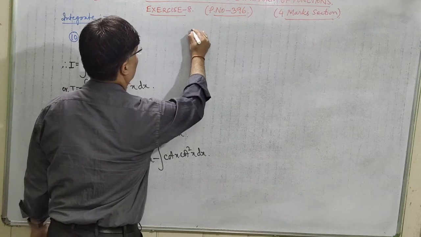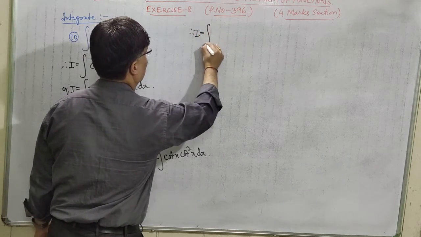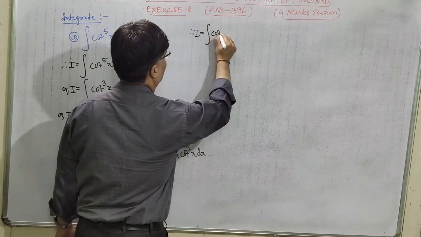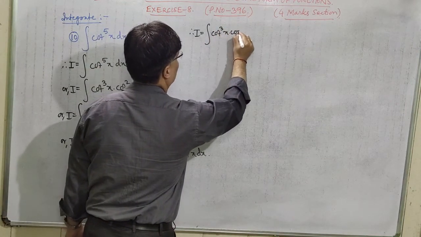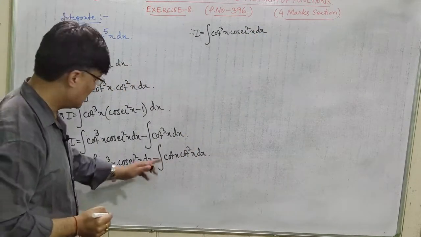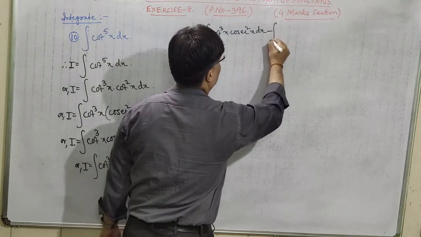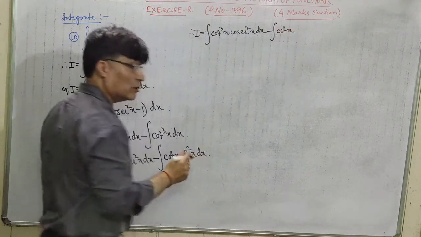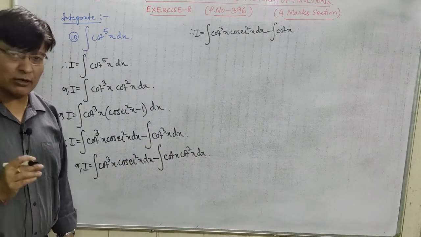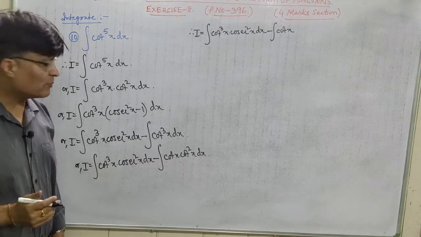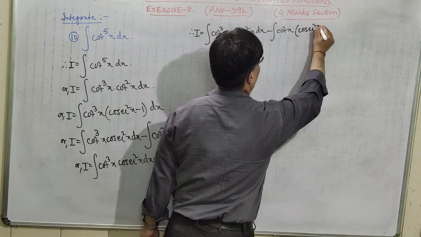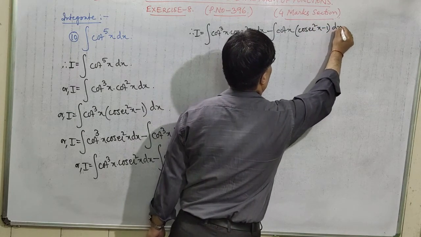Therefore, I is equal to integration of, keeping the first term as it is, cot cube x into cosec square x dx, then minus integration of cot x. Here also you can change this cot square x in terms of cosec square x minus 1, because you know that the differentiation of cot x is minus cosec square x, right? So it is cosec square x minus 1, bracket close, dx.